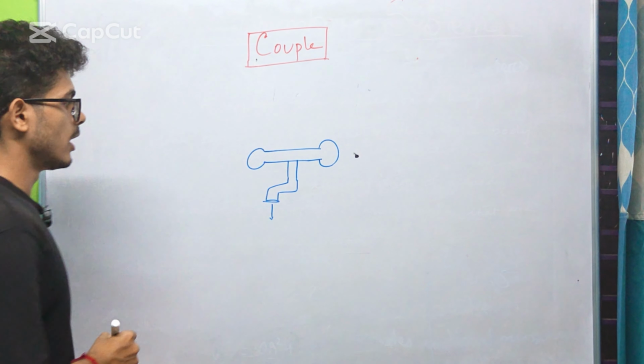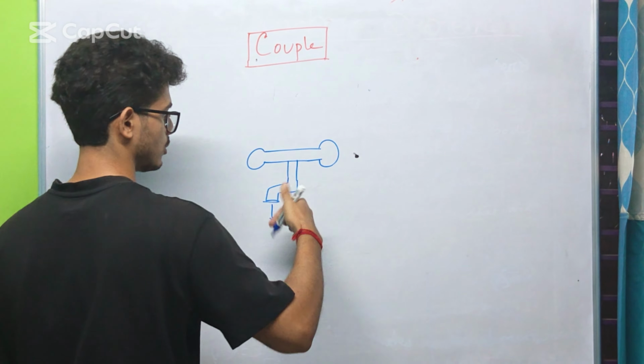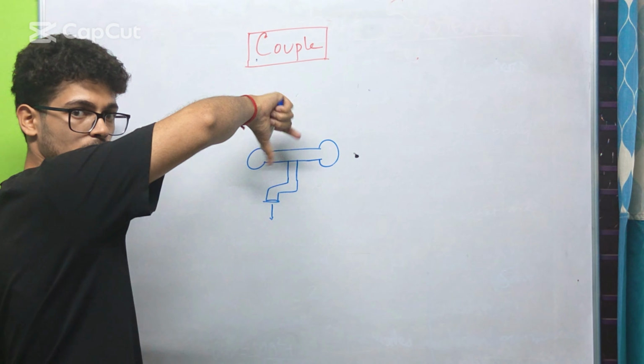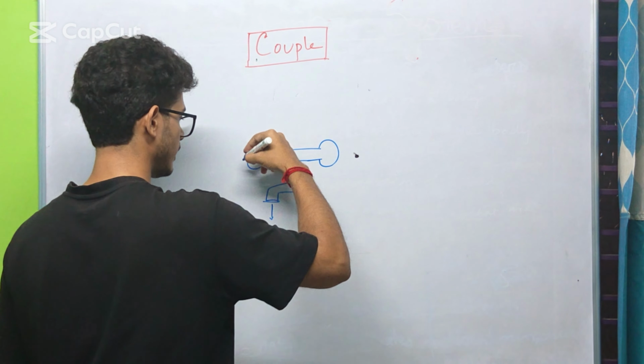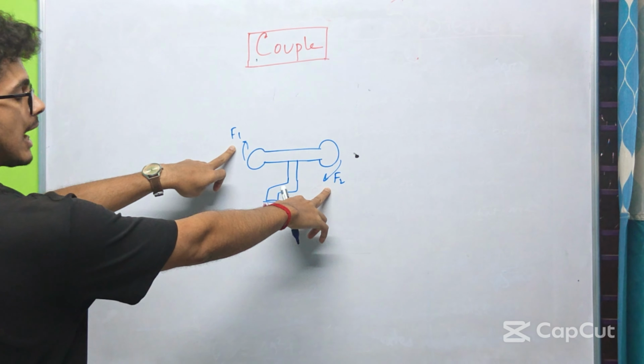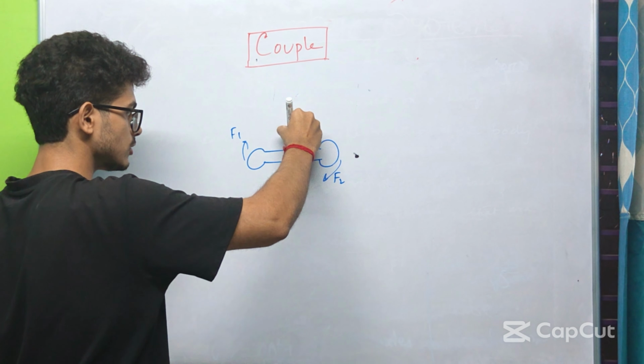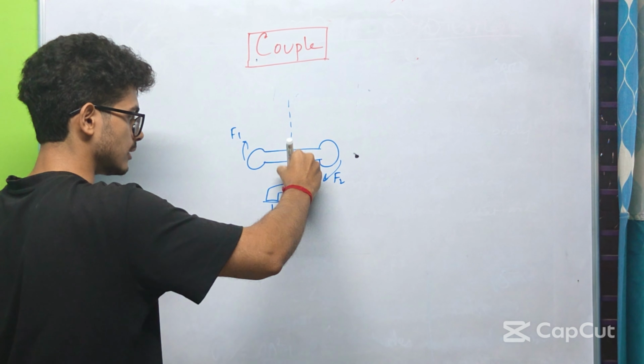Whenever we want to open or close it, we use force. We use our two fingers and rotate it. When we give a force in this direction, simultaneously we apply a force on this side in this direction, opposite to the previous force. We say this is F1 and this is F2. These two forces act as a pair on this body to make it rotate, and this is the axis of rotation. If we see the top view, we will see this.